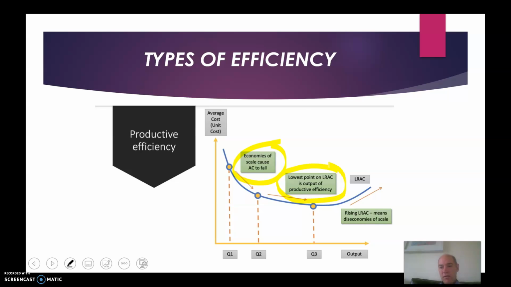We would probably want to see a horizontal or constant returns to scale at this point, but this is a bit more of an envelope diagram. If there are rising diseconomies of scale, it means that the firm can no longer be productively efficient in the long run.